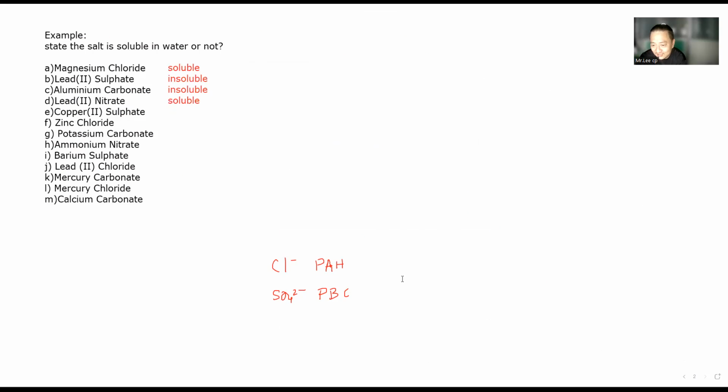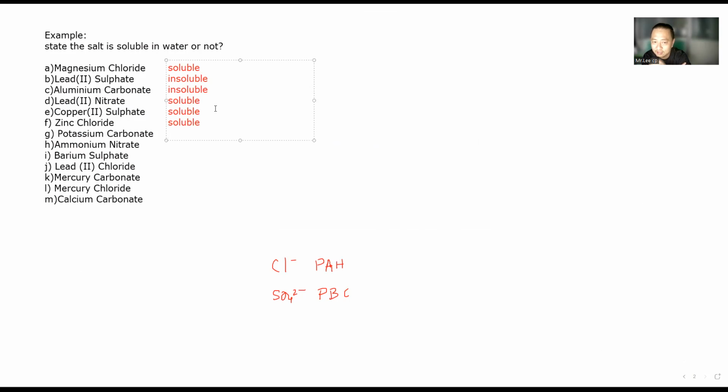Copper 2 sulfate, soluble or not soluble? Soluble. Zinc chloride: all chloride soluble except PbAgHg. Zinc chloride, soluble.